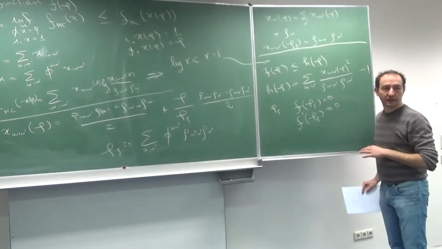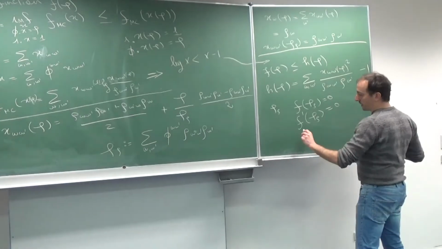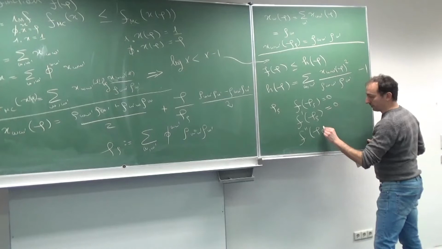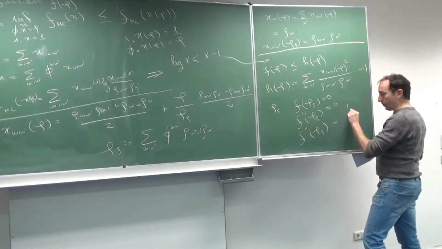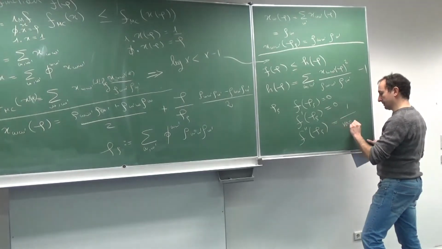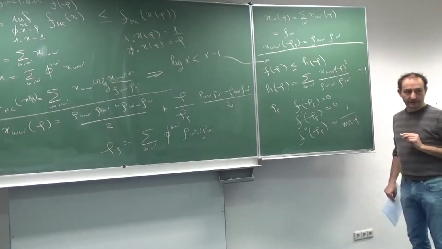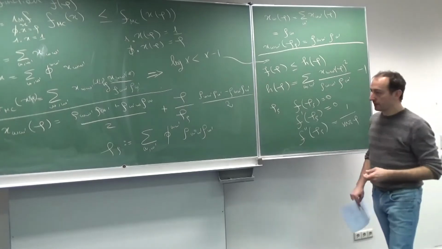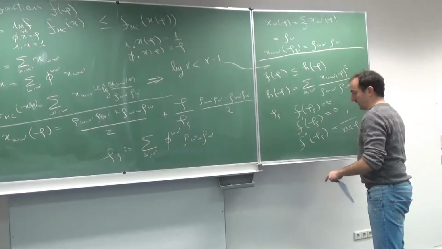We have seen this at the beginning of the course. And we have that f second of phi rho is equal to 1 over variance of the current. This also we saw at the beginning of the course when we discussed the Legendre transform.